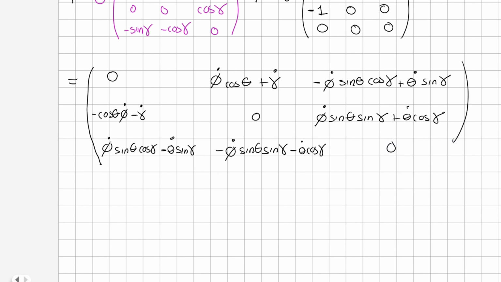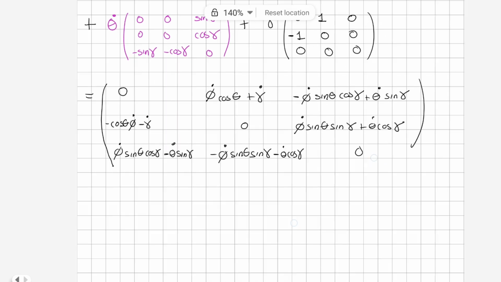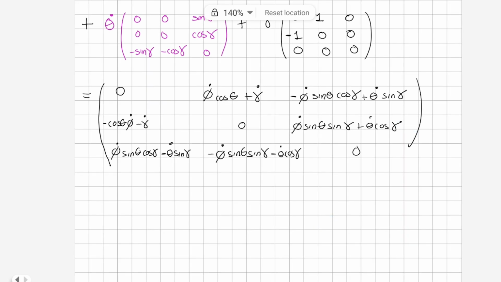Okay, first thing to notice, this is the negative of this, and this is the negative of this. Of course, the same thing happens with these two elements. So we are going to finish the lesson here, and let me tell you that this matrix is going to correspond to a matrix whose elements are the components of the angular velocity vector.